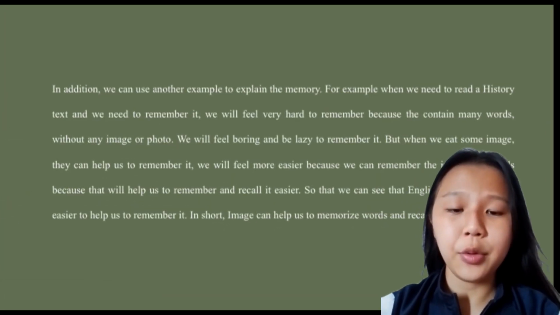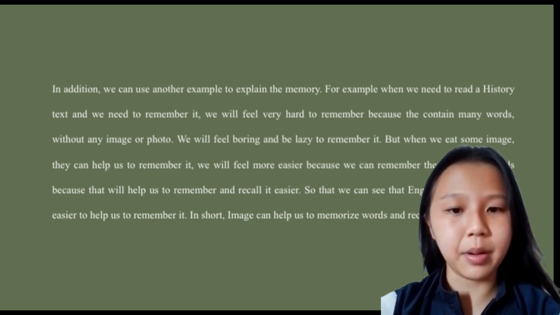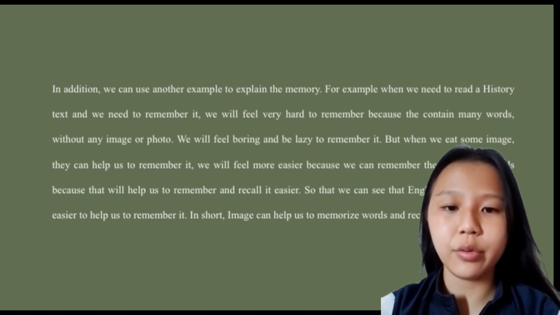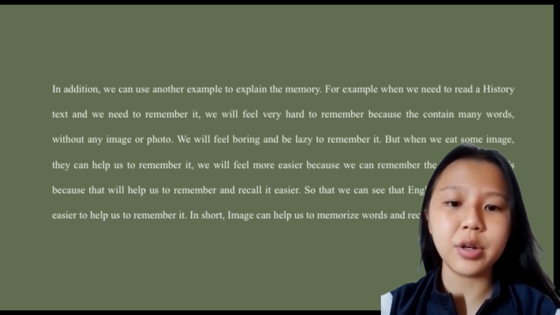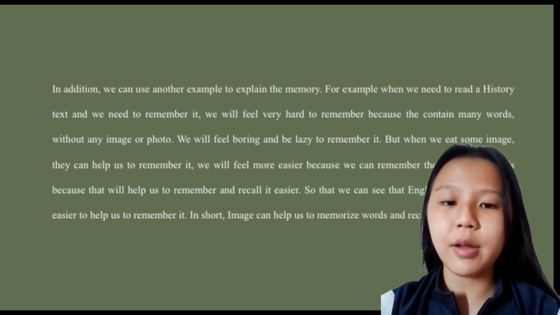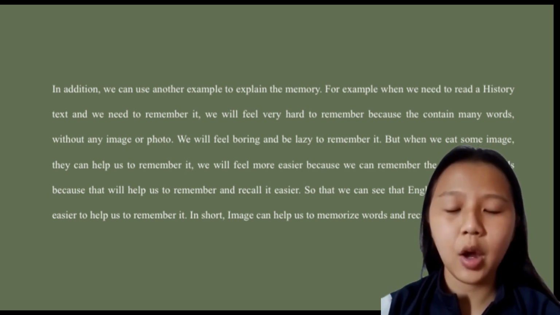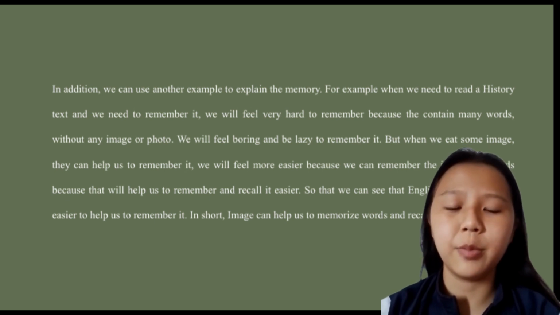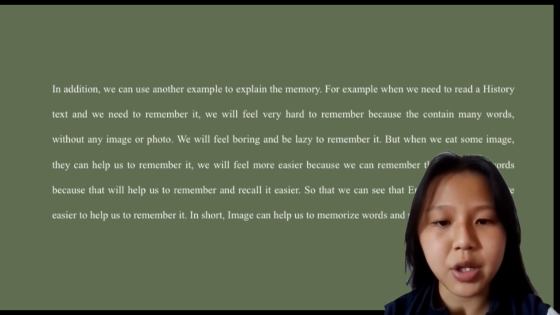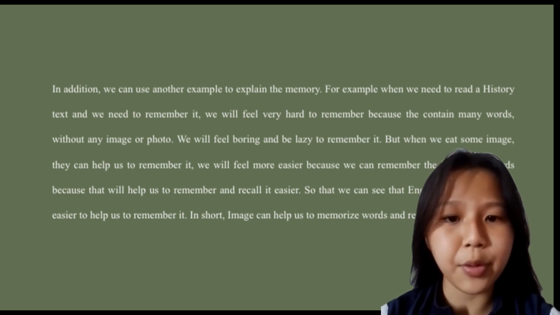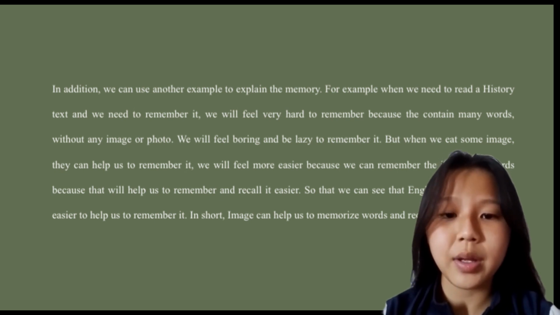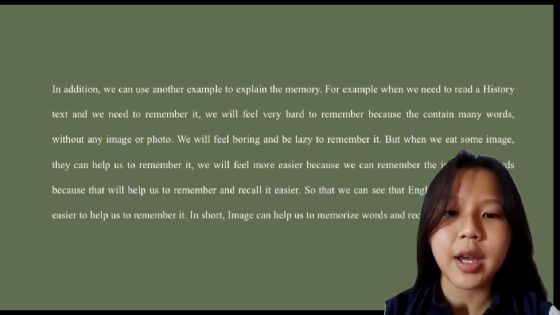In addition, we can use another example to explain the memory. For example, when we need to read a history text and remember it, we will feel it is very hard because the text contains many words without any image or photo. We will feel very bored and lazy to remember it. But when we add some images that can help us, we will feel it is easier, because we can remember the image and words.